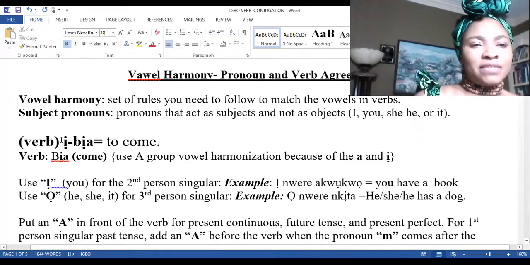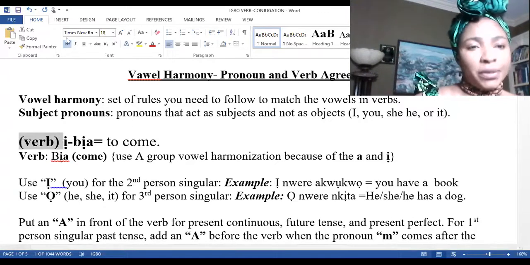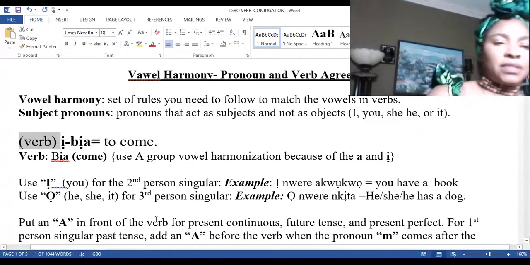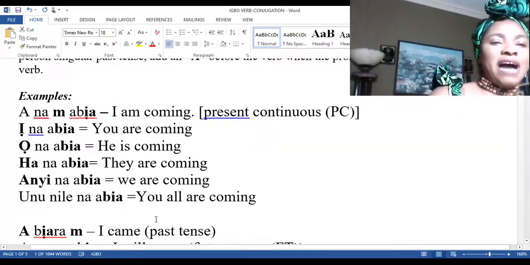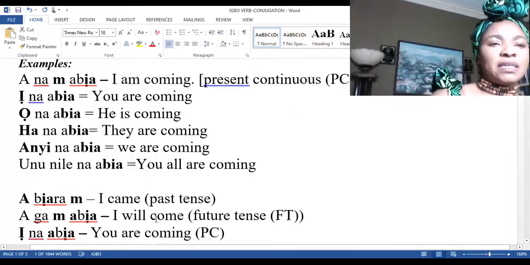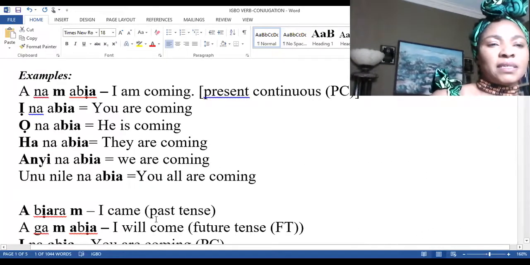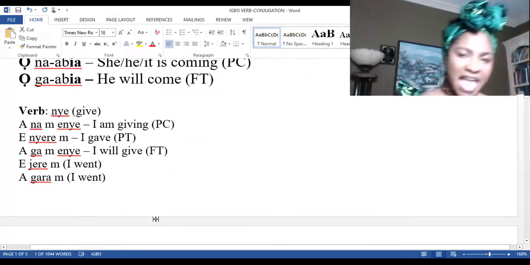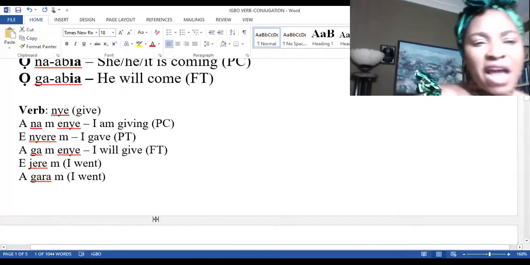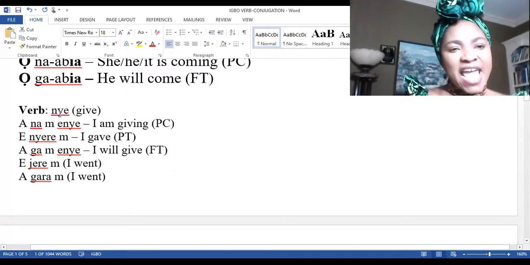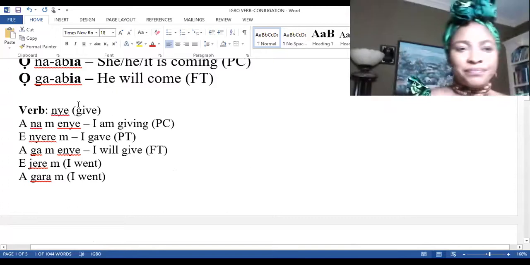I need you to get this verb. It's going to help you a lot. All right, so now we have another verb, nye, which means give.